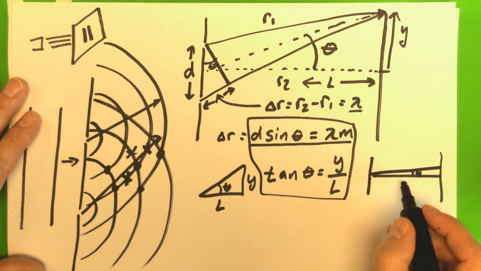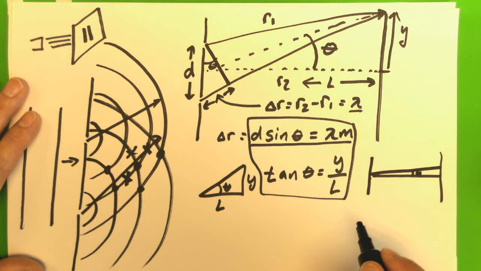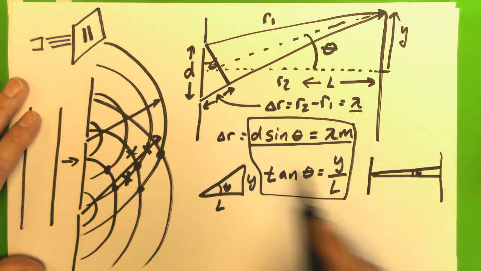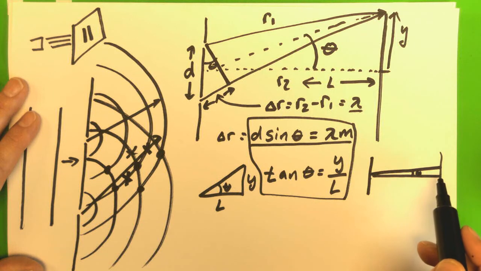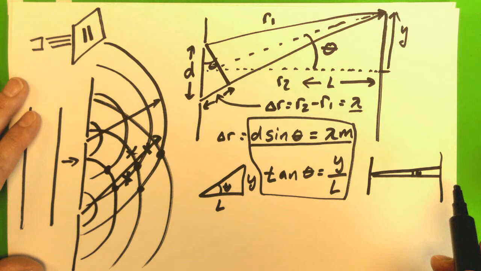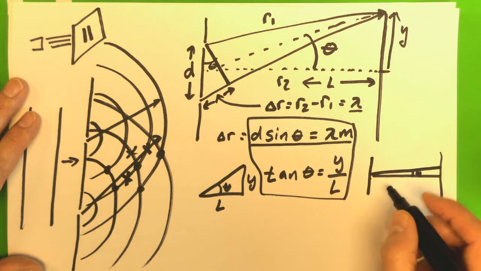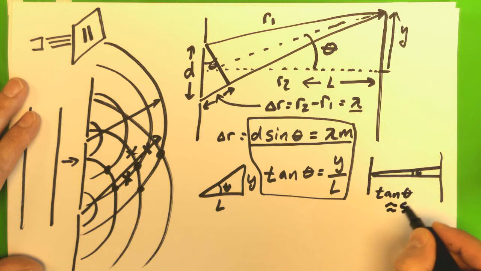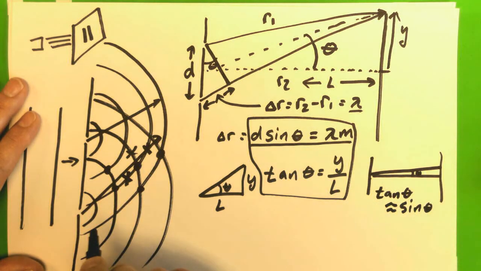When theta is super small, there's an identity that we can use. It's an approximation, and it works really well, again, if our screen's super far away, on the order of many tens of centimeters, if not more than a meter. And that is that tangent of theta is pretty darn close to sine of theta.